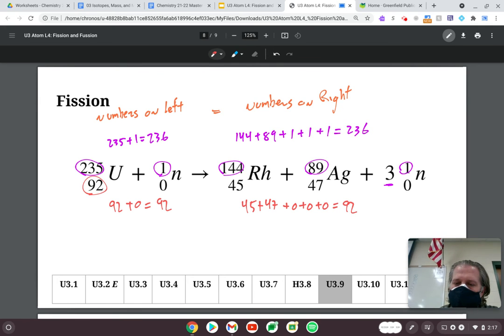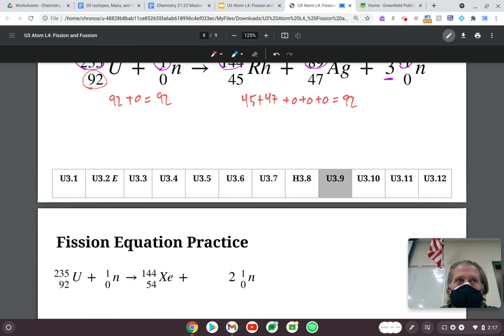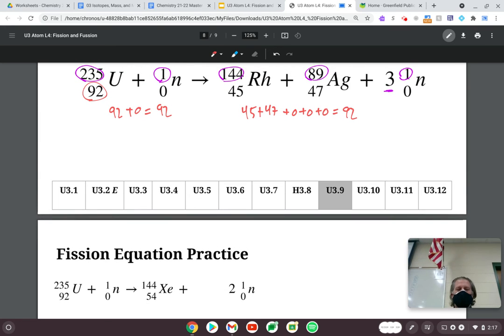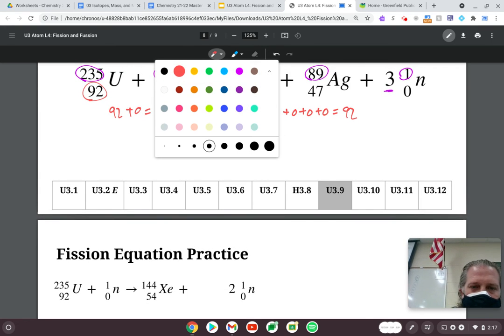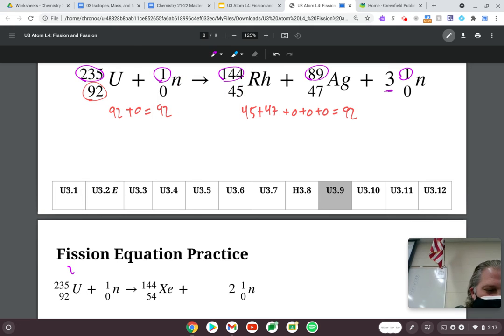Here we go. The first one looks sort of similar, I guess, to start off with. I've got 235 plus 1 gives me 236. So that means that everything on the right-hand side has to add up to 236. But I'm going to take the subtractive approach on this one because I have some information and I'm not one to guess.